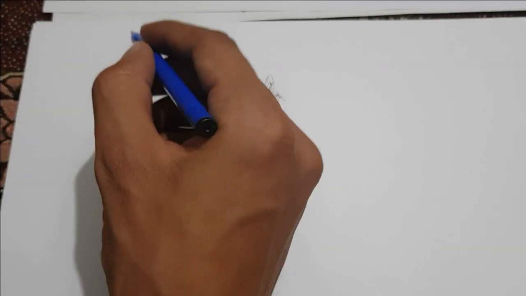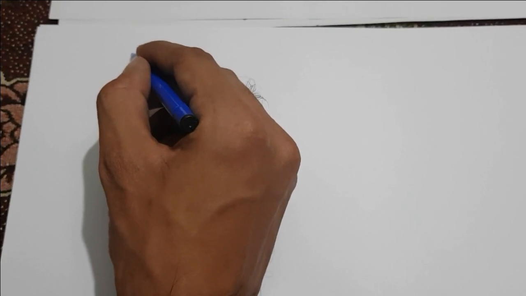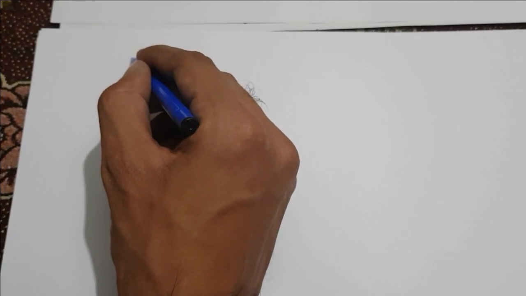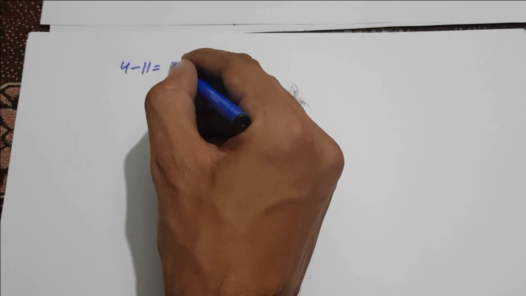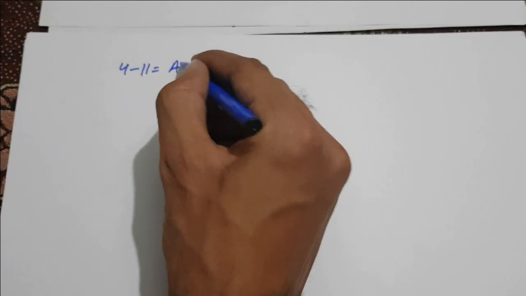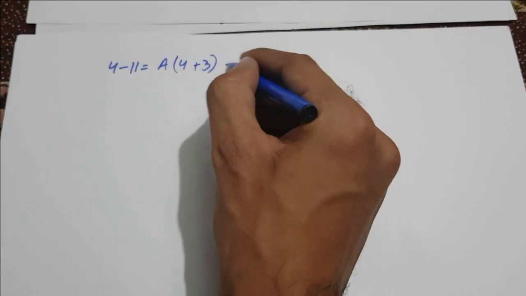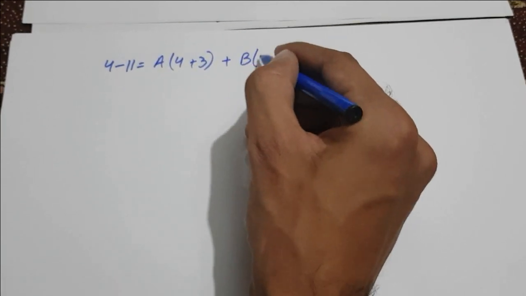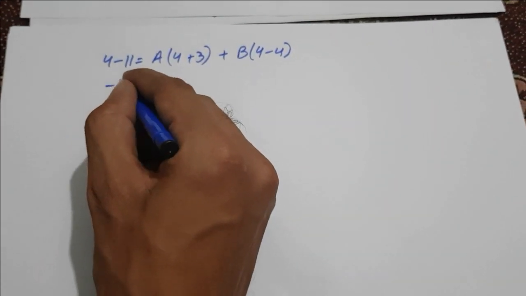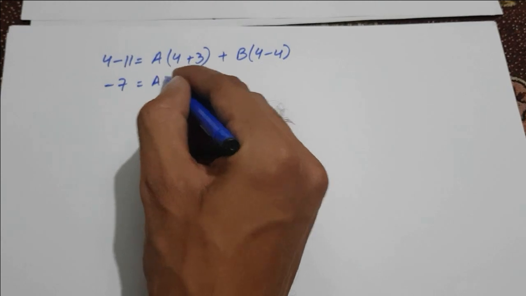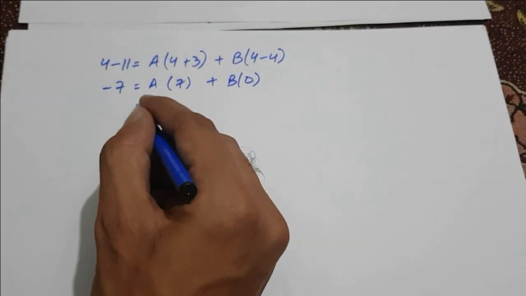So now our equation 2 would become 4 minus 11 is equal to A into 4 plus 3 plus B into 4 minus 4. So we get minus 7 equals A into 7 plus B into 0.